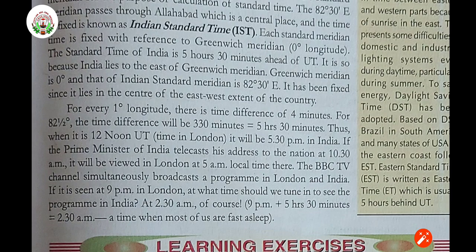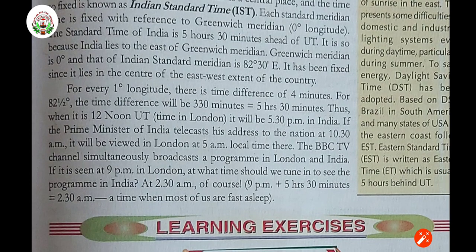For 82 and a half degrees, the time difference will be 330 minutes, which is equal to 5 hours and 30 minutes. Thus, when it is 12 noon UT, Universal Time, in London, it will be 5:30 p.m. in India. Right?